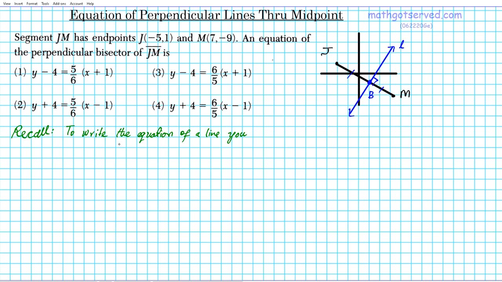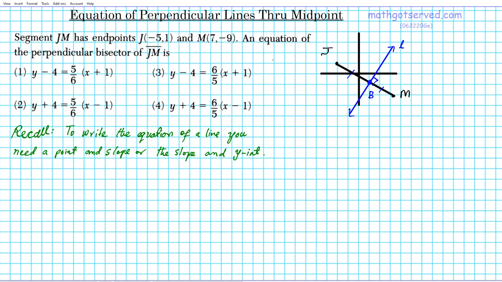Let's keep it in the simplest form: you need a point and a slope, or the slope and y-intercept. The method that we're going to be using right now is the point slope formula. If you want to do the slope intercept formula, you have to find the slope and the y-intercept, of course. So we're going to be using the point and the slope situation.